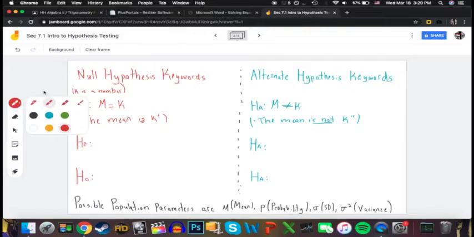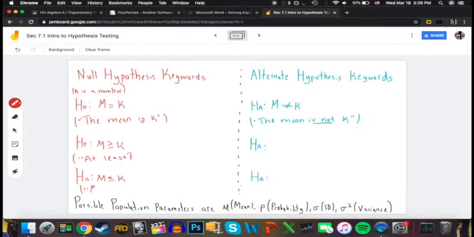Okay. Now the other types of inequalities that may pop up could be greater than or equal to k. And some key words that you may have seen already. So this relates to at least, as well as mu is less than or equal to k, in which case you're dealing with at most.